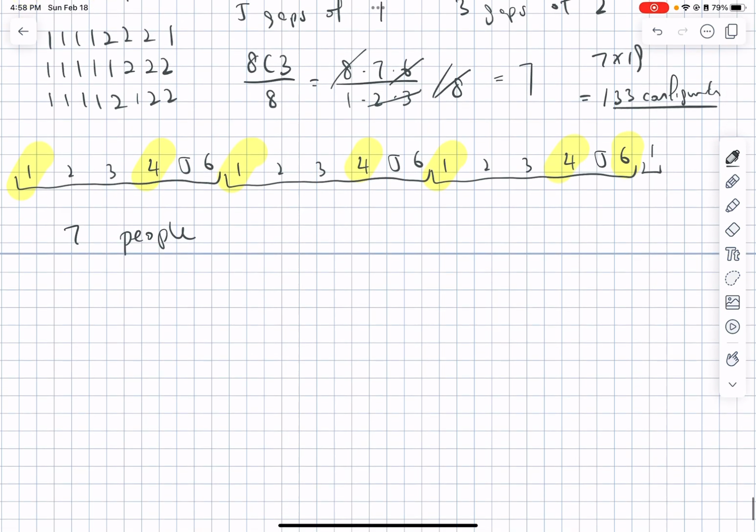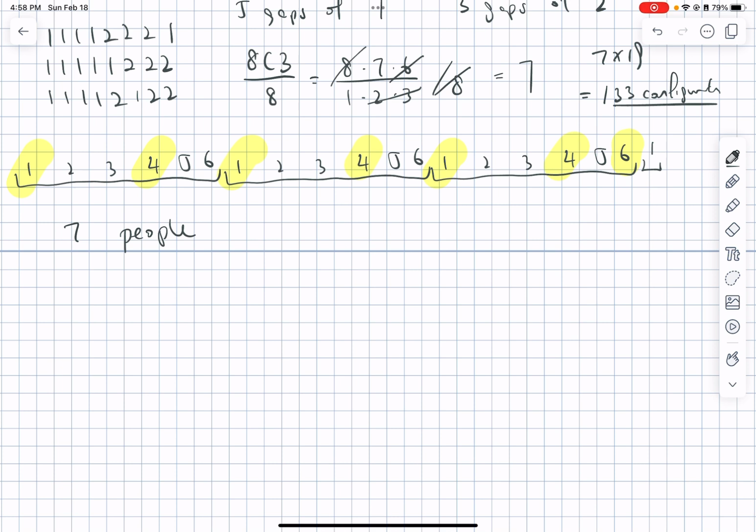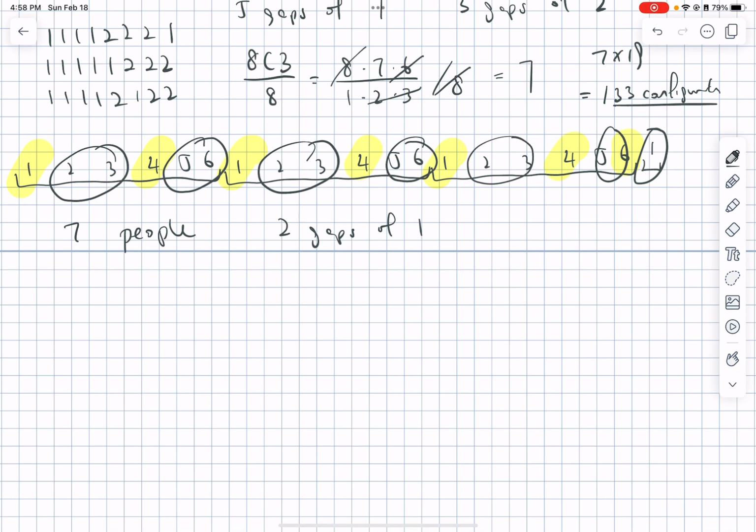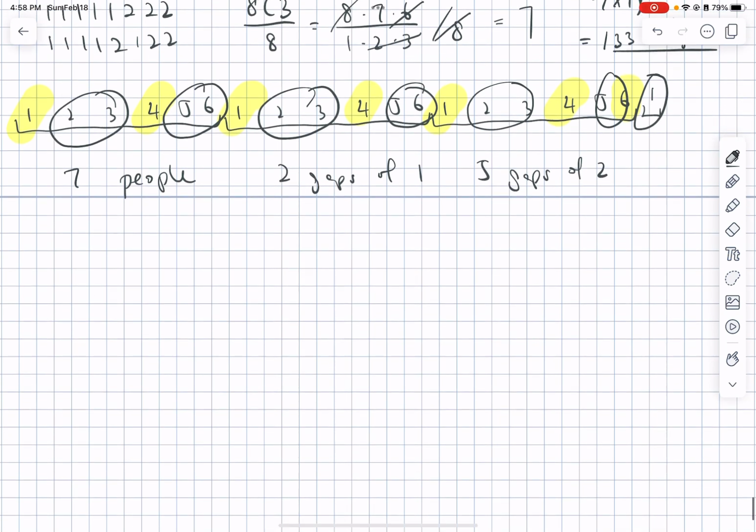So in the case there's 7 people, there's going to be 2 gaps of 1. They're at the very end. And there's going to be 1, 2, 3, 4, 5, 5 gaps of 2. So it's going to look something like 1, 1, 2, 2, 2, 2, 2.